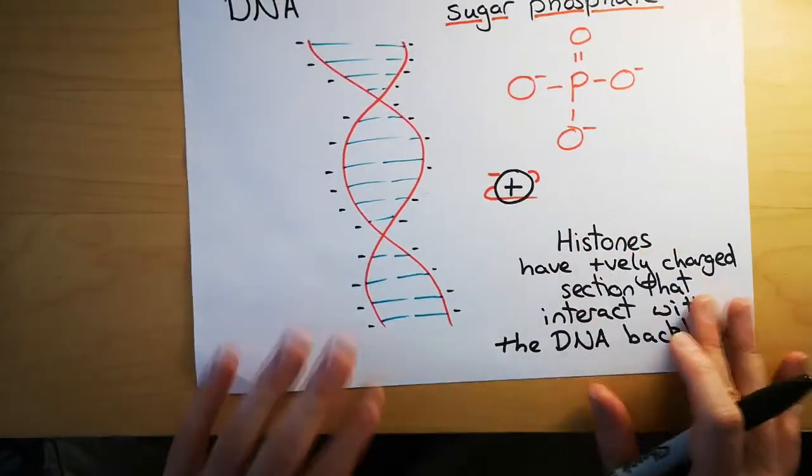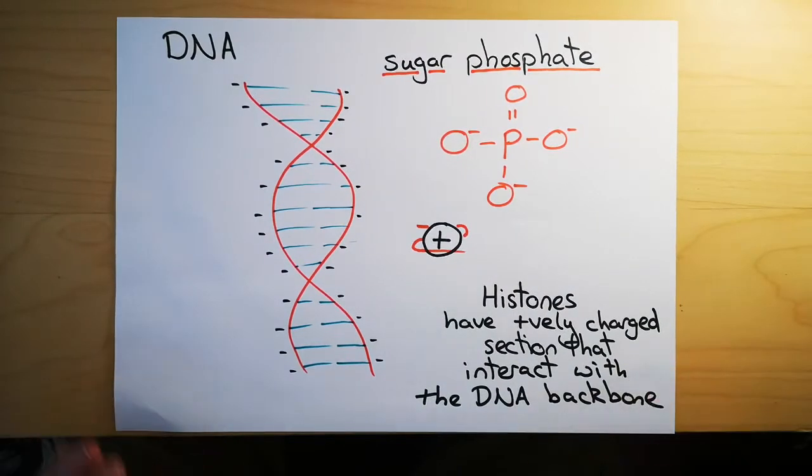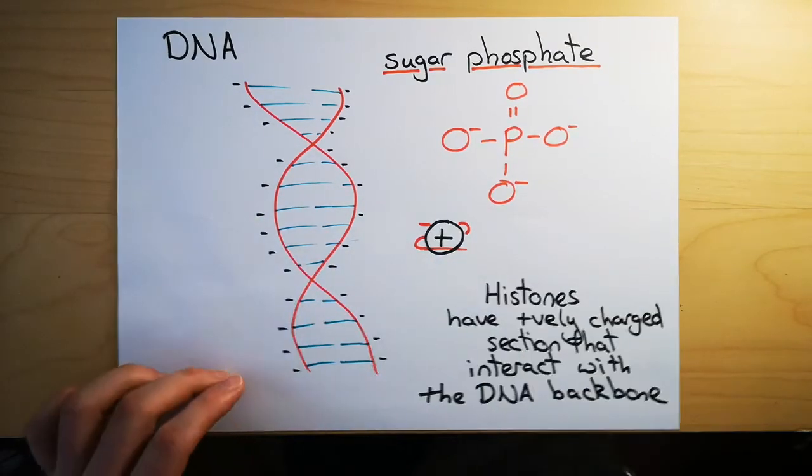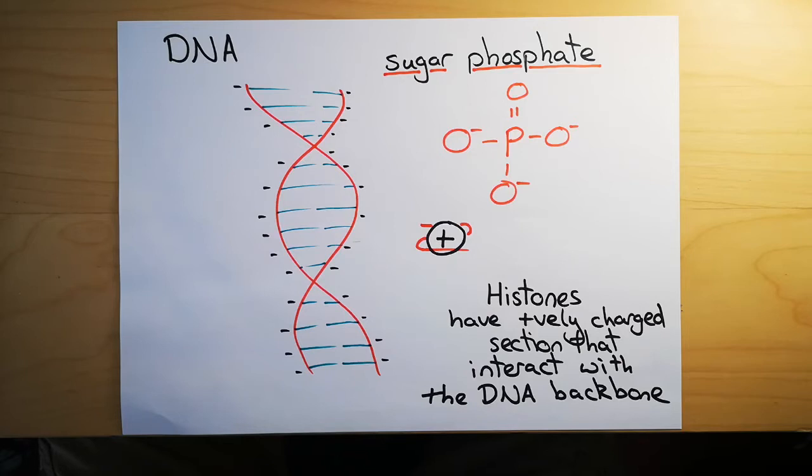Right, so to go over why DNA and the histone proteins interact in the way that they do, we've got to take a little bit of a look at the DNA structure itself. Now, the double helix and the way that the topology, the way that the DNA contorts itself, can actually change.